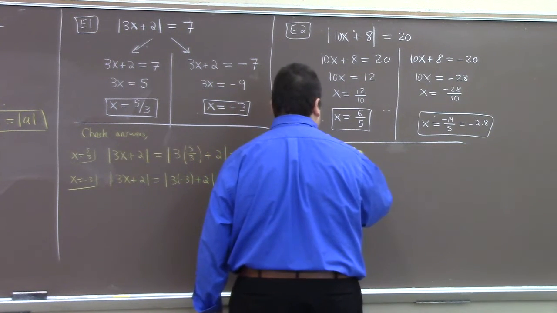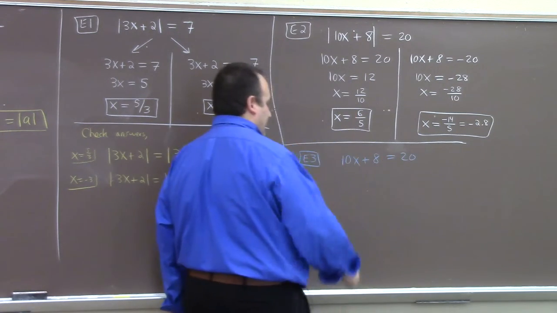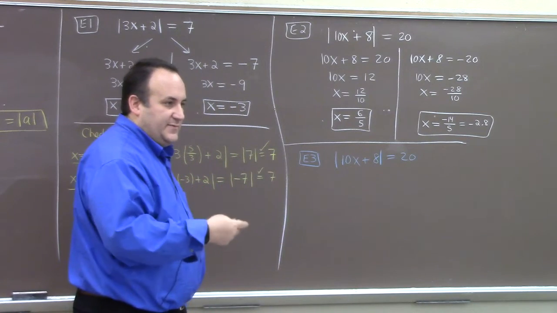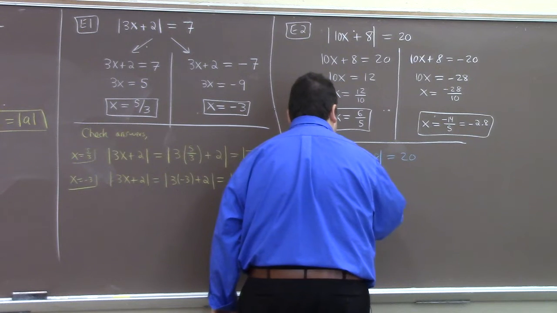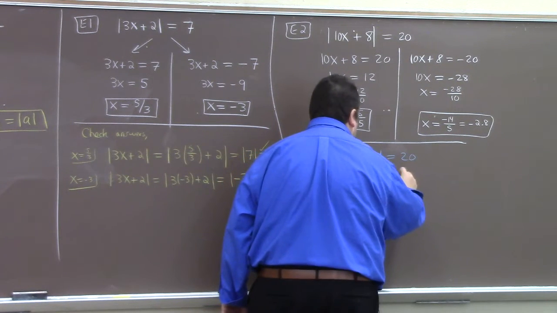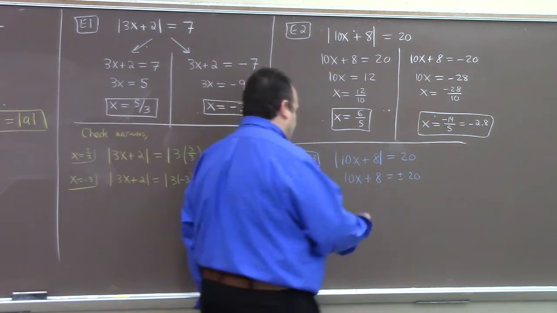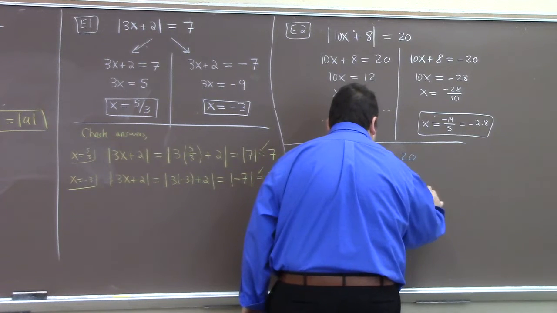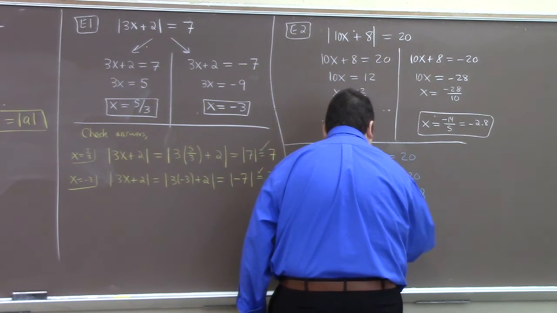So if I want to solve absolute value of 10x plus 8 equals 20, another way I could hack at this would be to use the plus minus notation. So this means that 10x plus 8 is equal to plus or minus 20. And then that gives me 10x is equal to plus or minus 20 minus 8, which gives me x is equal to plus or minus 20 minus 8 over 10.